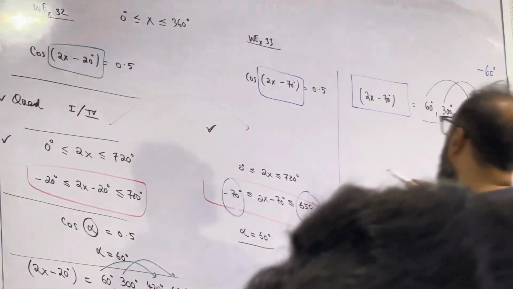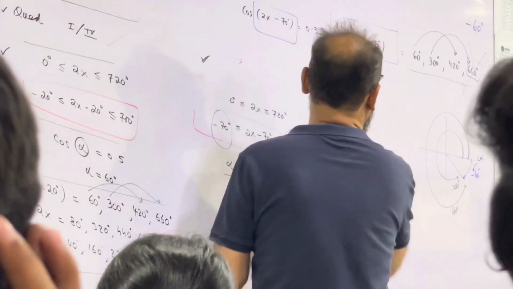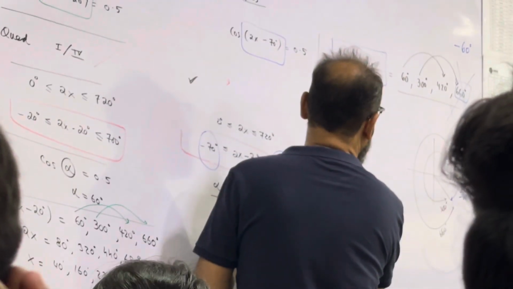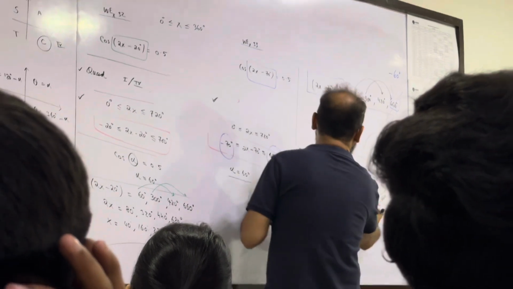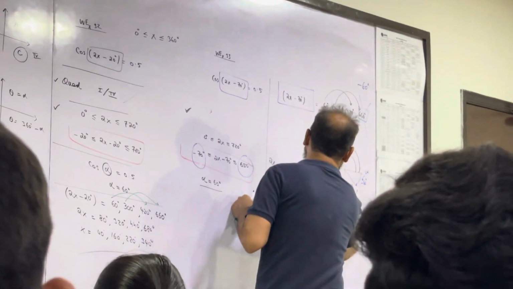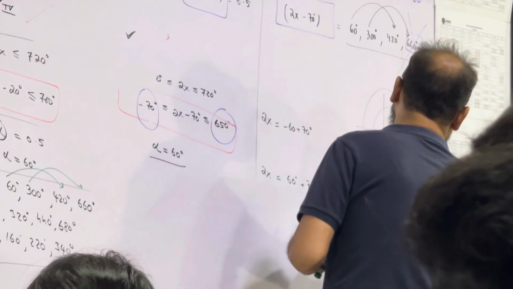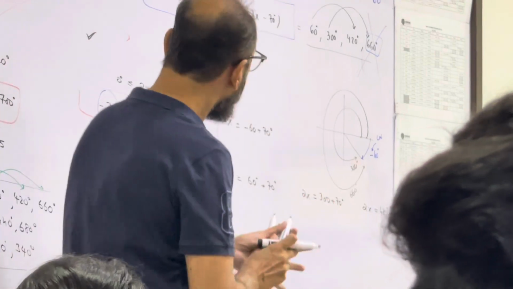So therefore, 2x equals negative 60 plus 70. 2x equals 60 plus 70. 2x equals 300 plus 70. And 2x equals 420 plus 70. Just have a double check over here.